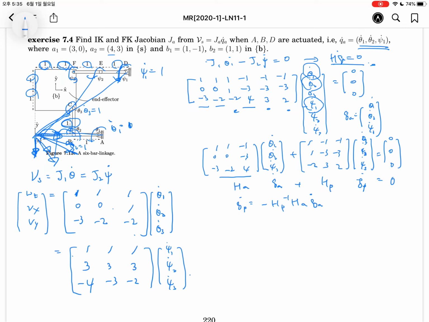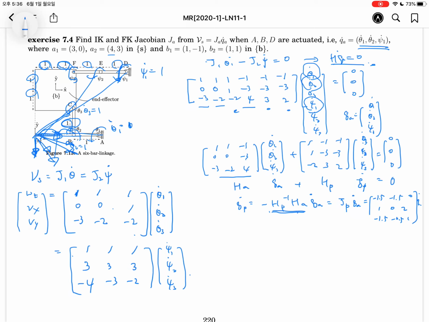If you define Q A dot, then we should calculate Q P dot using this equation. This can be denoted as J P because it produces the passive joint angles, so J P Q A dot. Actually, this matrix inverse and multiplication will be equal to minus 1.5, minus 1.5, 0, 1, 0, 2, minus 1.5, minus 0.5, 1. And then Q A dot.